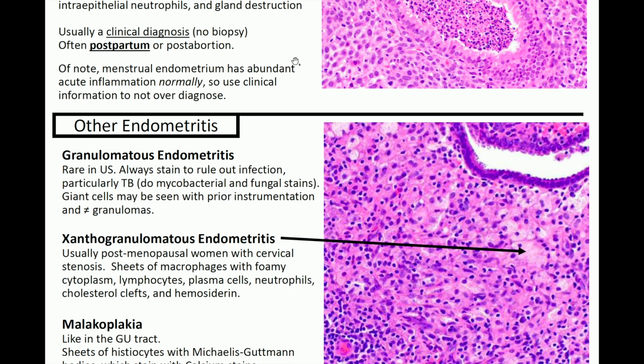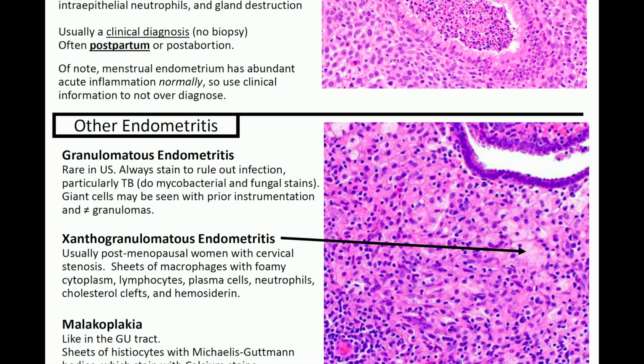Some other endometritis types: we have granulomatous endometritis, which is rare in the US. Always stain to rule out infection, particularly TB, so you want to do mycobacterial and fungal stains. Giant cells may be seen with prior instrumentation and with or without granulomas.